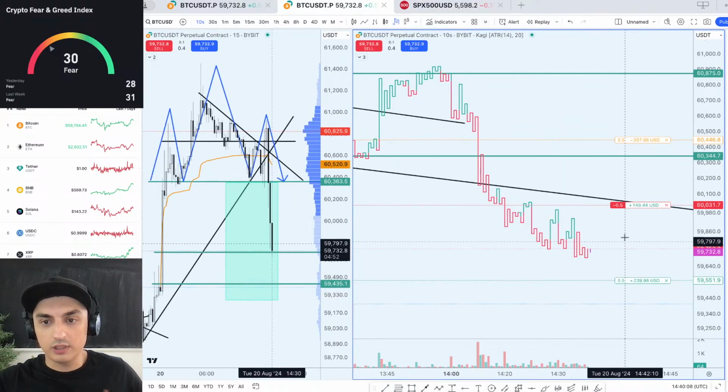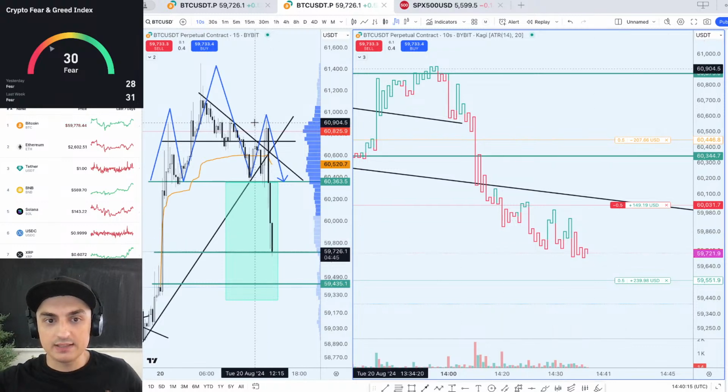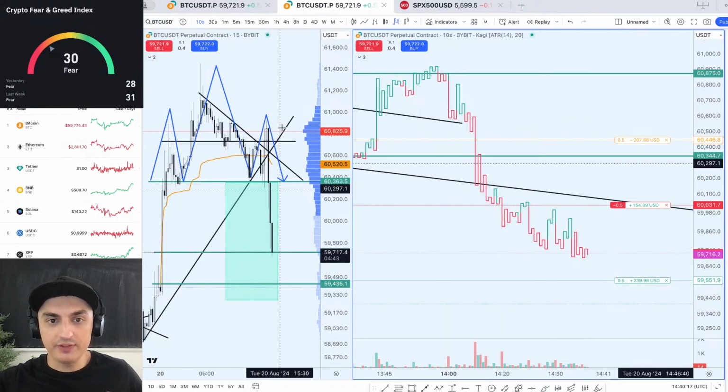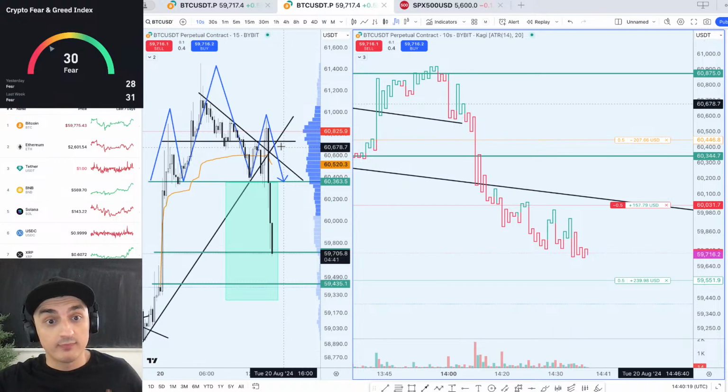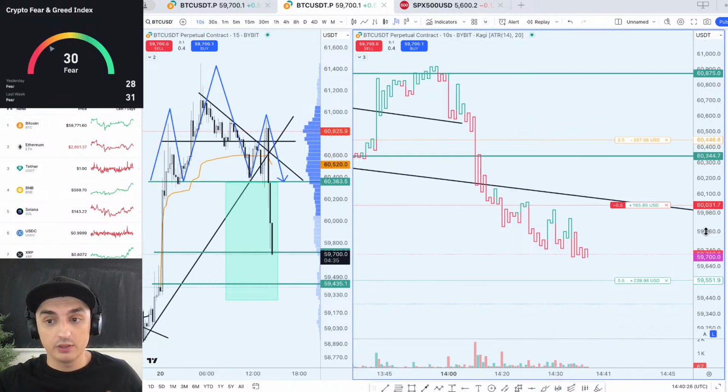Bitcoin still struggling to get below 59,700. We got this $1,000 move already, so it's still bouncy around this area. Let's see where it's going to land.